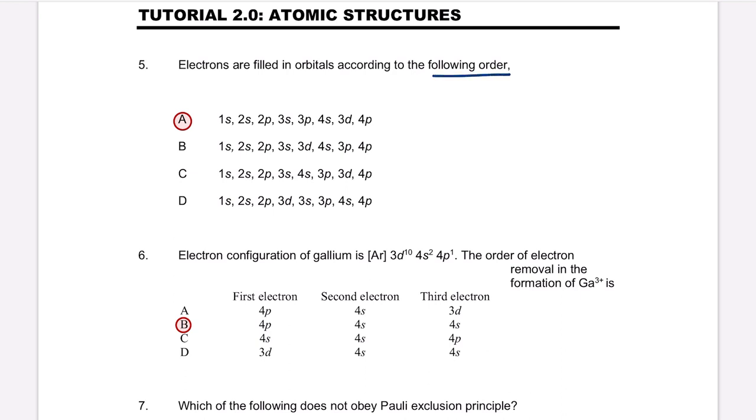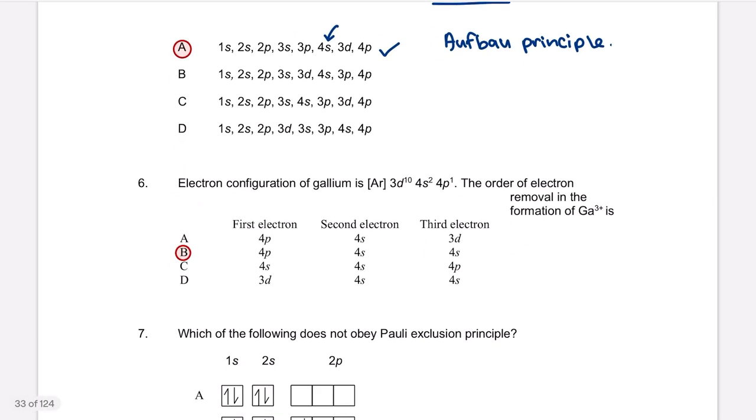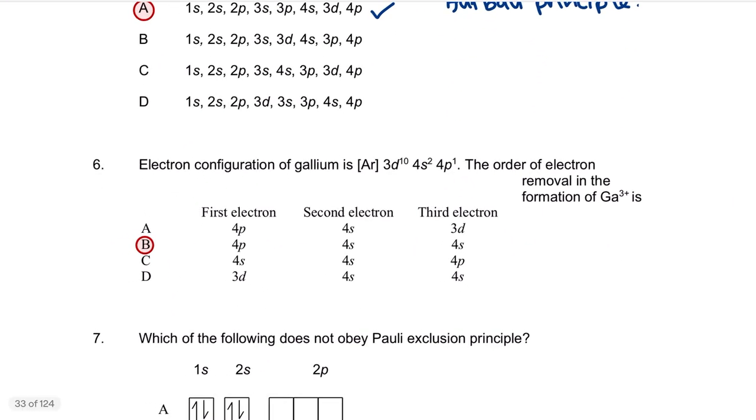The electrons are filled according to the following order. Which order is correct? For this, you should have remembered the Aufbau principle. As you can see, option 1 is correct. We are just here to test you that 4s comes before 3d. Alright, so the next question over here, we have gallium, and gallium has got an electron configuration of this.